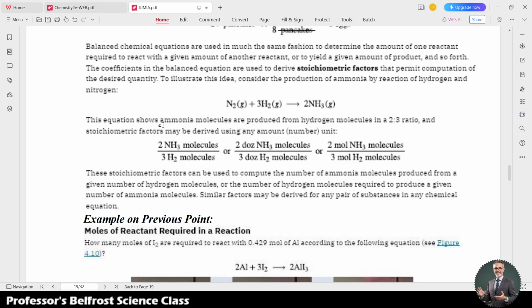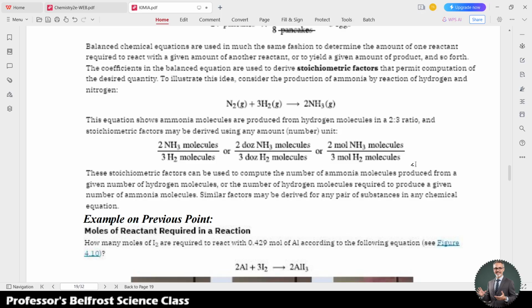So it doesn't matter which amount or unit we use, as long as we still stick to this ratio, it's okay. We can use 2:3 with molecules, 2:3 with dozens of molecules, 2:3 with moles of molecules. It's the same thing. It doesn't affect anything.